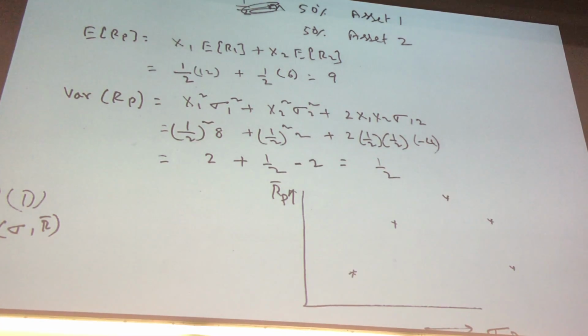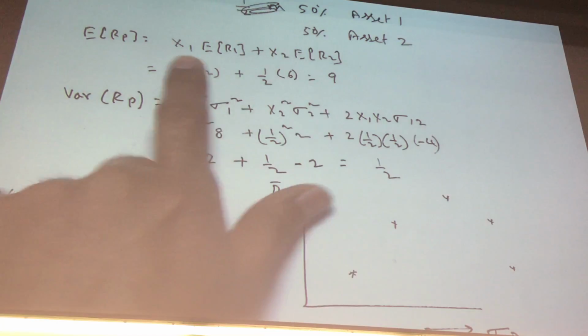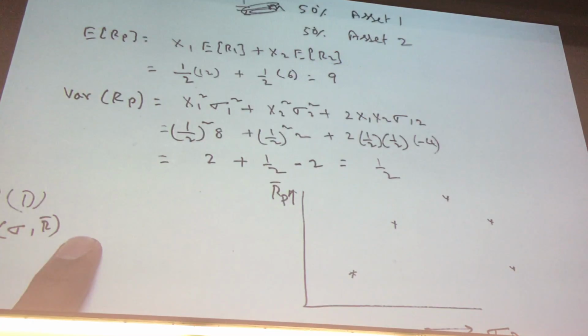That's it. So you can see the graphical nature of the portfolio while you are changing the weights. Okay. By slightly changing the weights, the sigma and the expected return of the portfolio would change. So part D is about verifying how these things change. And I don't see any problem in plotting those points on the graph sheet. Okay.